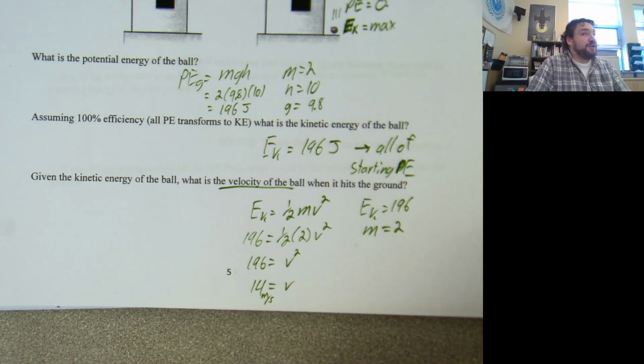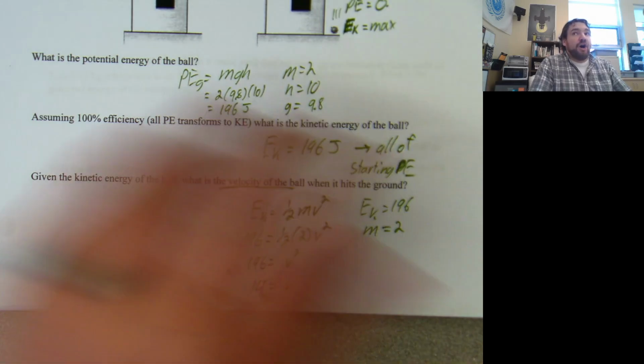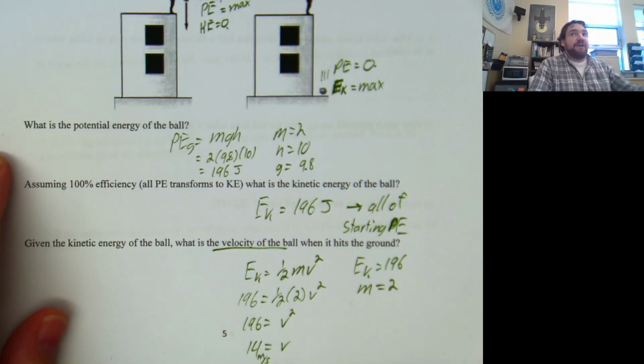To put that into perspective, 14 meters per second is about 50 kilometers per hour. That ball is moving as fast as cars travel at speed limit on your average city street when it impacts the ground or whatever's underneath it. Cool. Comments, questions, concerns about what I've done here?